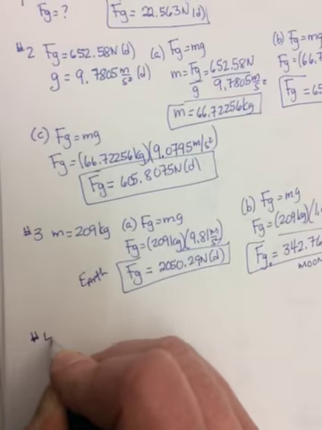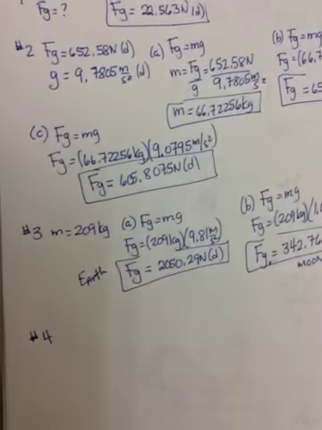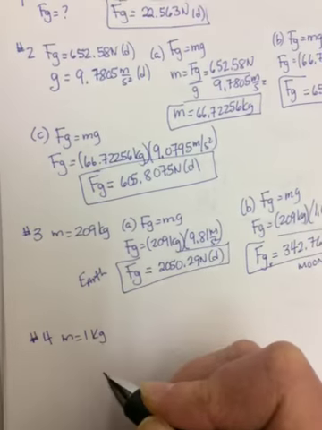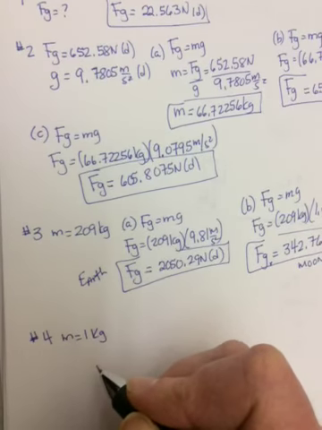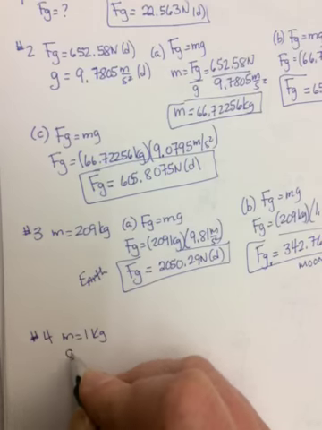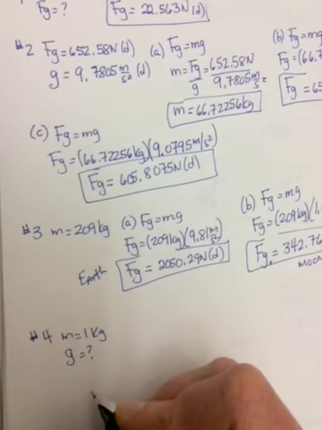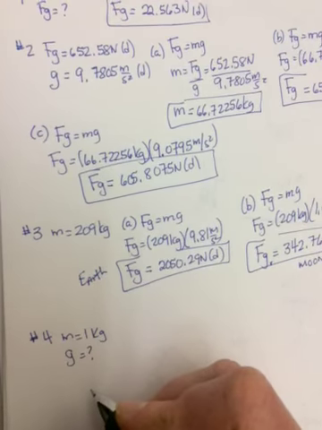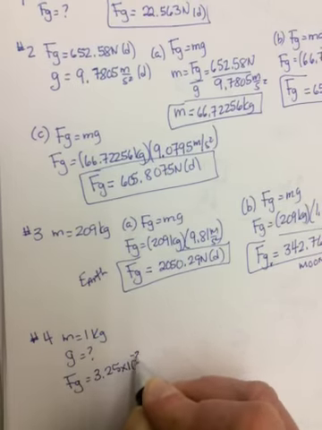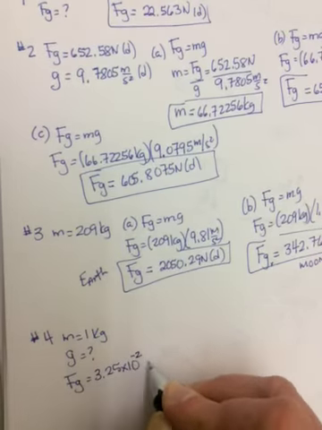Okay? And number 4 says a 1 kilogram mass, so m is equal to 1 kilogram, is used to determine the acceleration due to gravity of a distant city-size asteroid. Calculate the acceleration due to gravity, so we're looking for g. If the mass has a weight of 3.25 times 10 to the negative 2 newtons down.